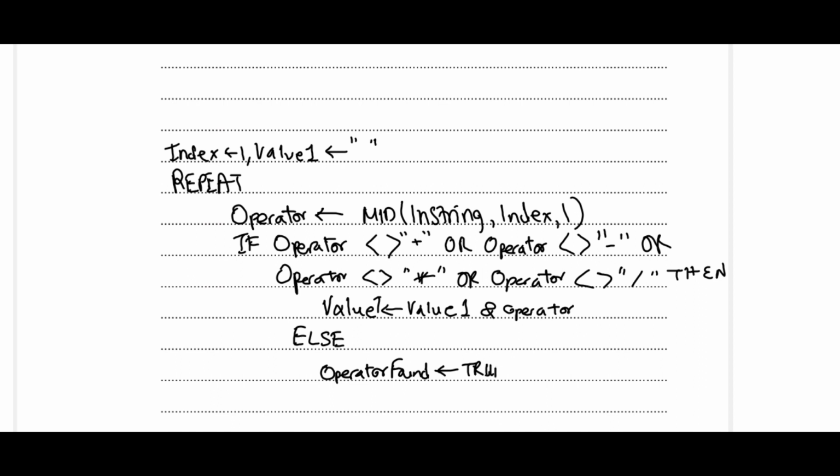Now, initially, we are not finding the operator, so operator found is going to be false. And then this is going to be end if. So we're going to be ending our if statements.